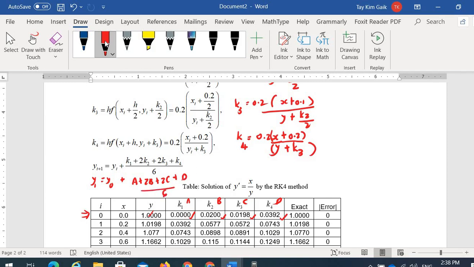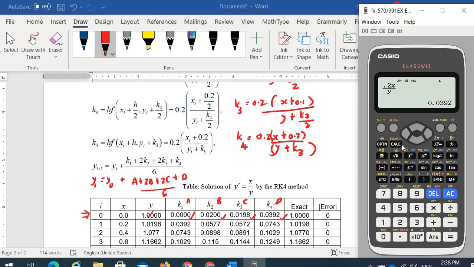So I'm going to key into the calculator as alpha Y, alpha equal, alpha Y plus alpha A plus 2 alpha B plus 2 alpha C plus alpha D, divided by 6.